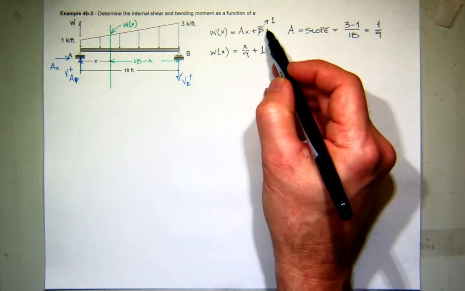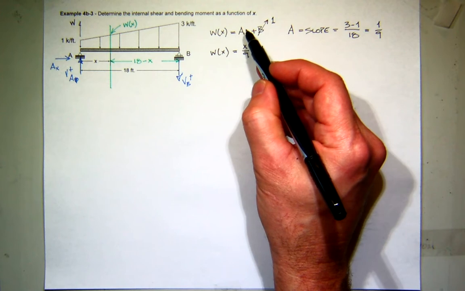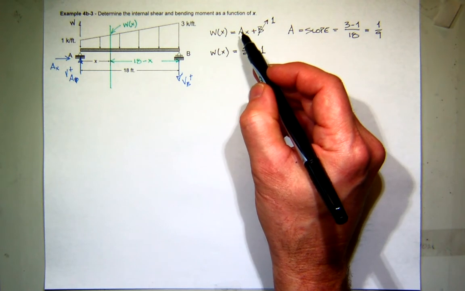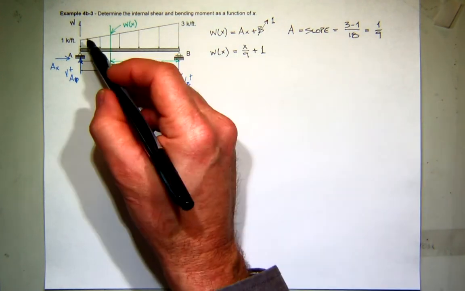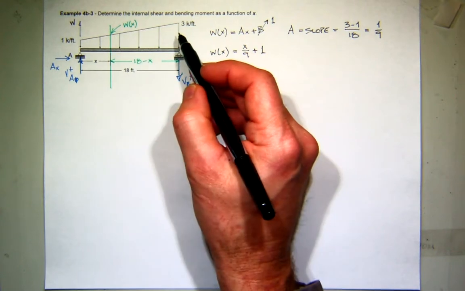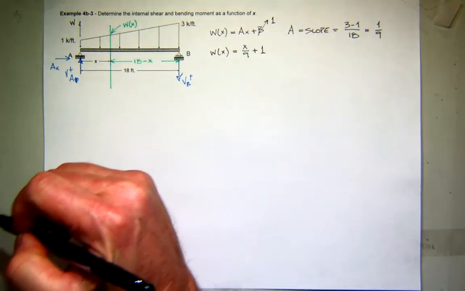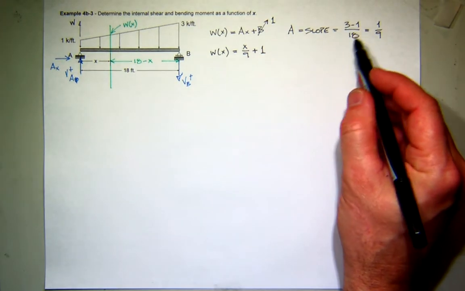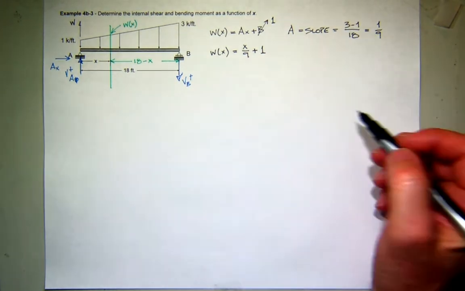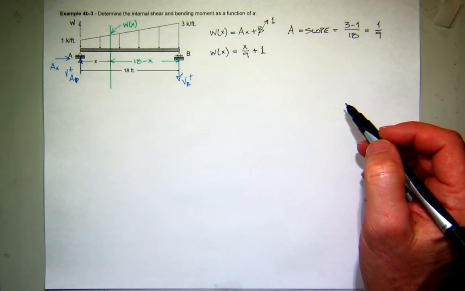So that means the constant is equal to 1. Because when x is 0, this term goes away, right? And then by definition, A is the slope of the line. So I just calculated the slope of the line. So from this point to this point, it has a vertical change of 2 over a horizontal change of 18. So that's where I got this. So 2 over 18 is just 1 over 9. Straight line.